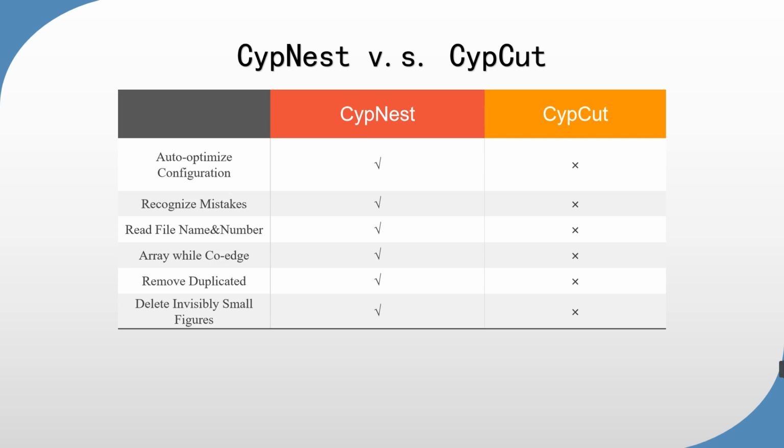When it comes to cutting path, the remnant path types Cypcut supports are rather limited, and it has only one sorting way of manually clicking. On the contrary, however, Cypnest provides you with both manual setting and auto-generating for remnant lines.